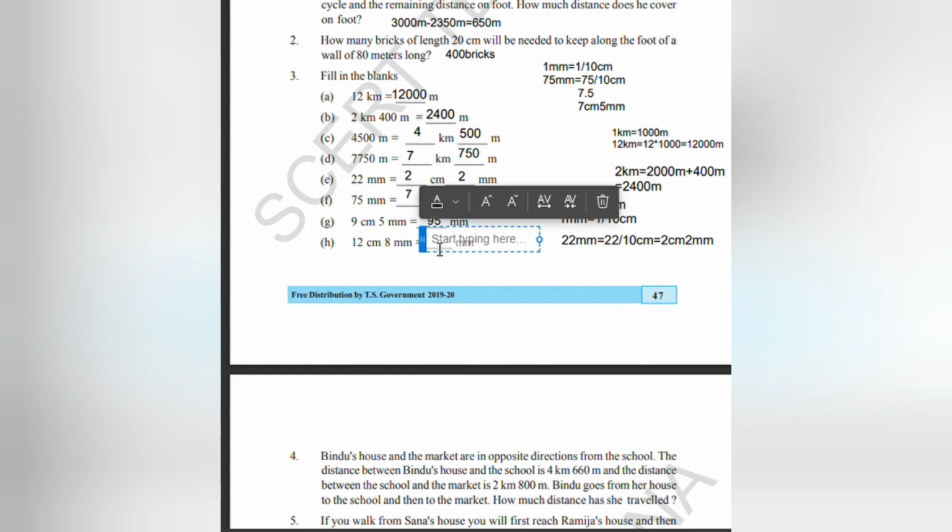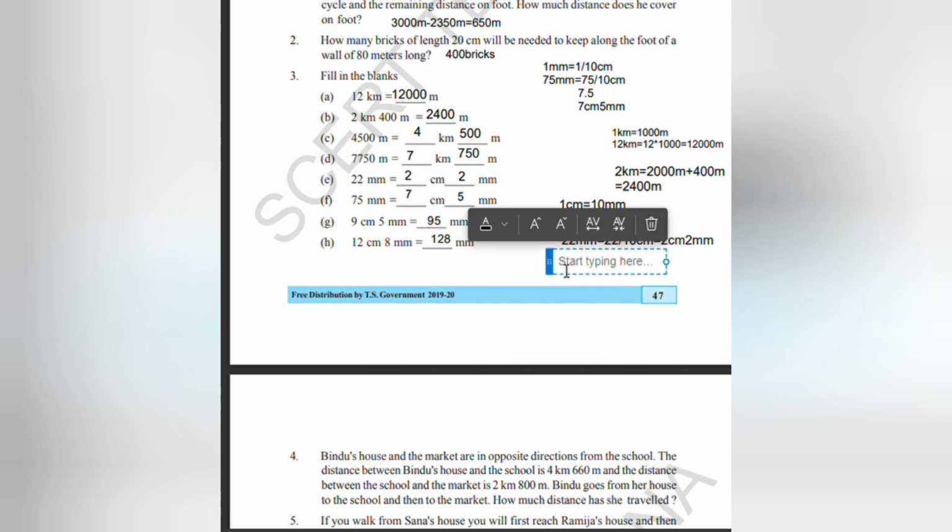Here again 128 millimeter. 95 millimeter is equal to 95 by 10 centimeter, which is equivalent to 9 centimeter 5 millimeter.